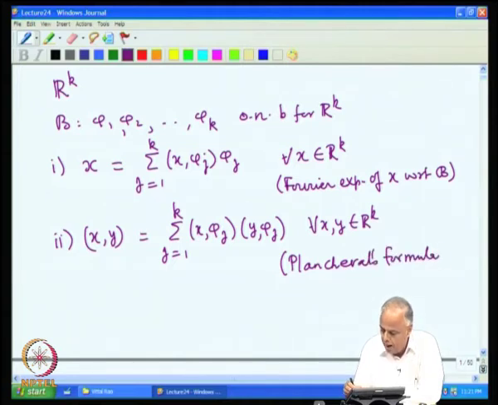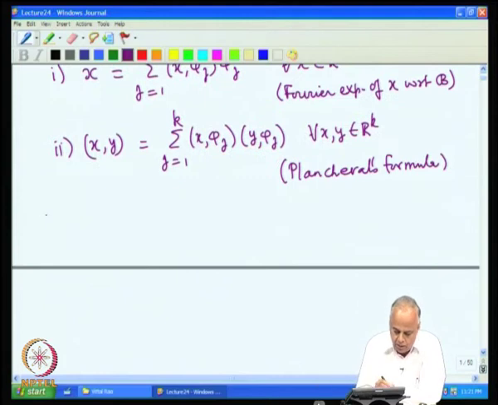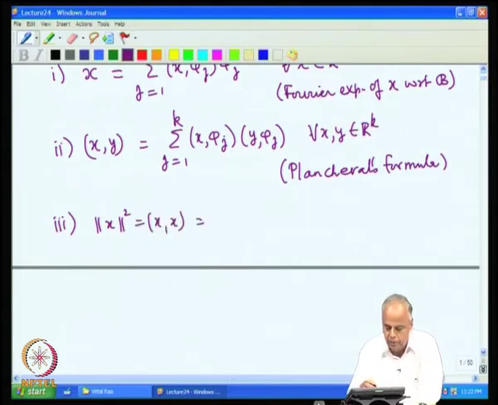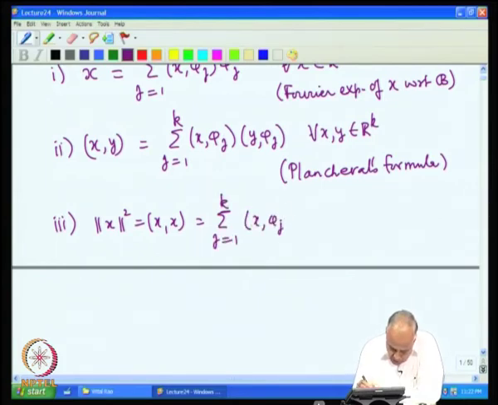Then for the length, we had the identity that norm x squared, which is x comma x, where we put y equal to x above, is the sum j equal to 1 to k of x comma phi j squared for every x in R k.